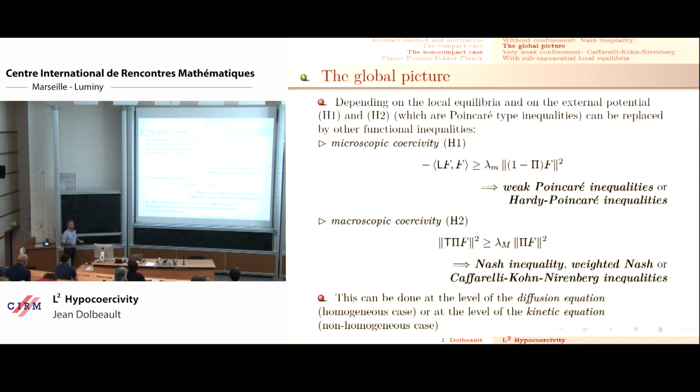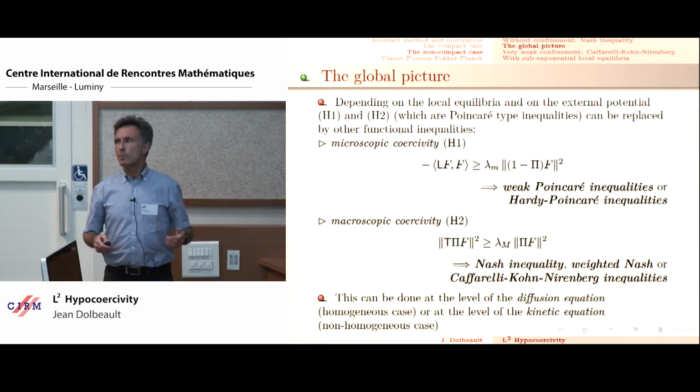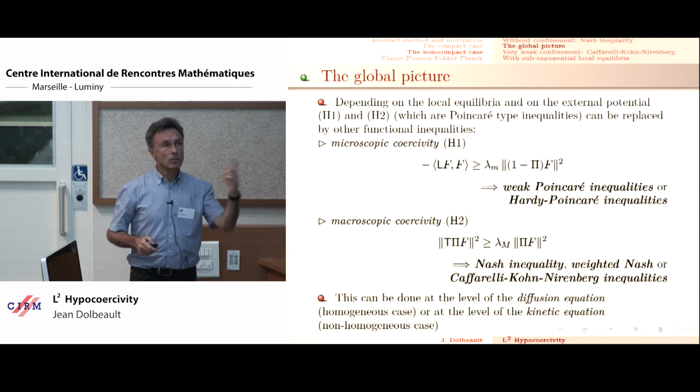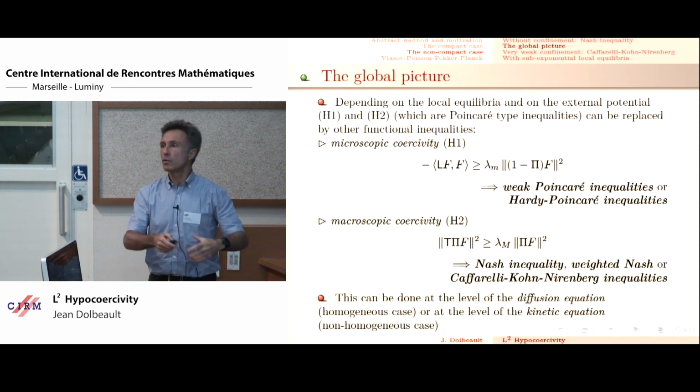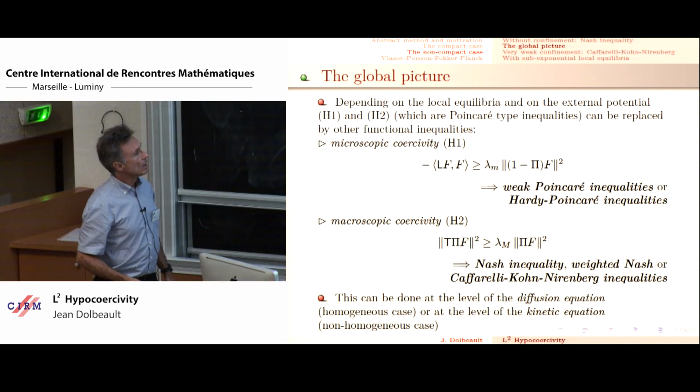When you have external potentials which are not confining, you can use weights and get weighted Nash inequalities or Caffarelli-Kohn-Nirenberg inequalities with some typical moment weights. The picture is now quite large, because you can do it at the diffusive level, or on the collision operator, or for the confinement, and there are plenty of cases.